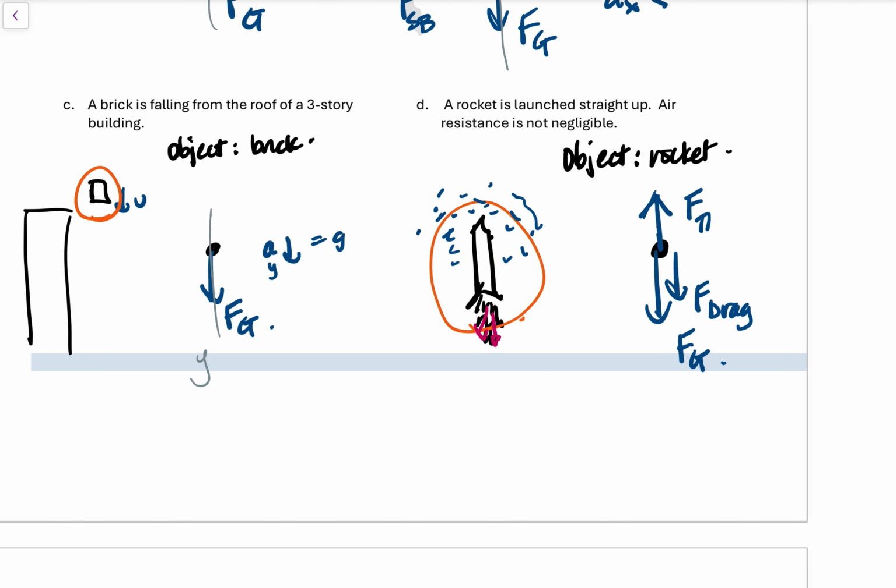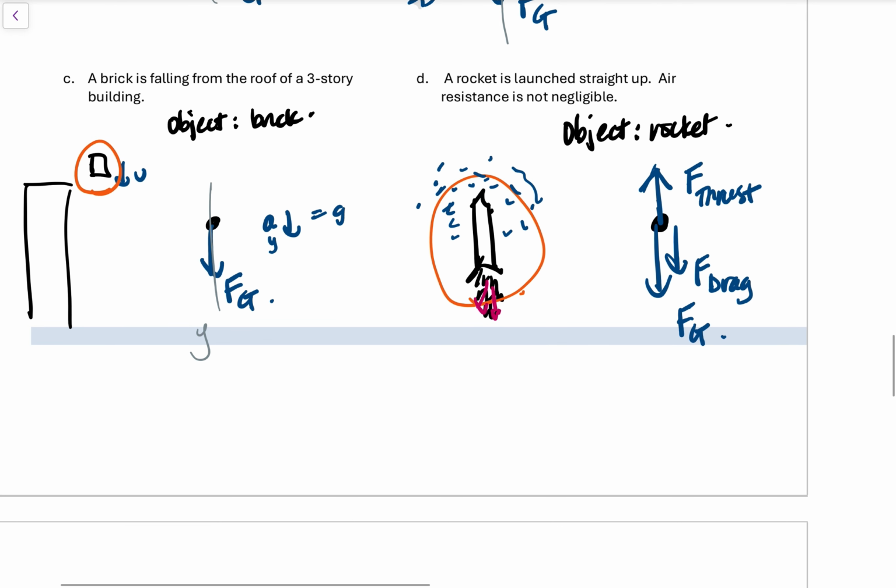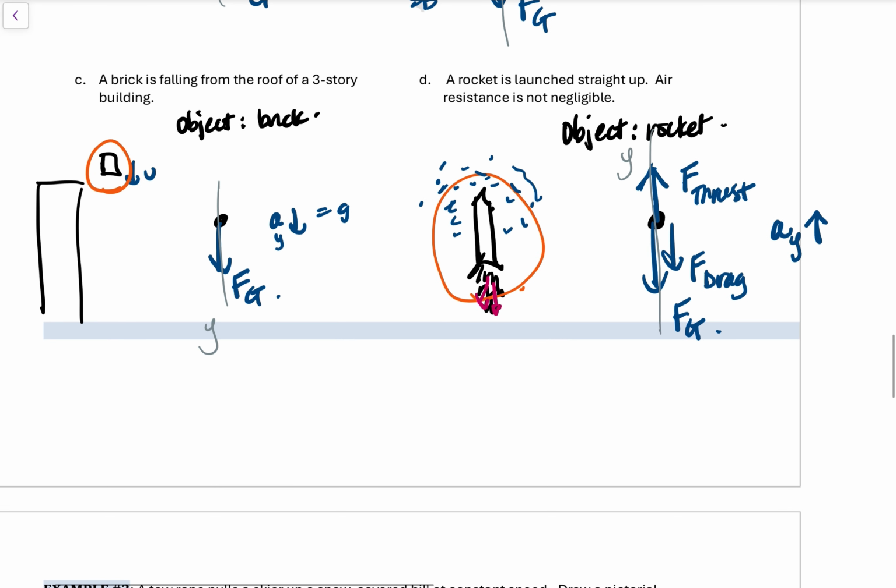So F thrust is going to go in that direction. All right, so I need a coordinate system here. So we'll just say y is positive going up. If the rocket is being launched, it should be increasing in speed. So I'm going to say my acceleration in the y direction is in the upward direction, the direction of the thrust force. Okay. All right.